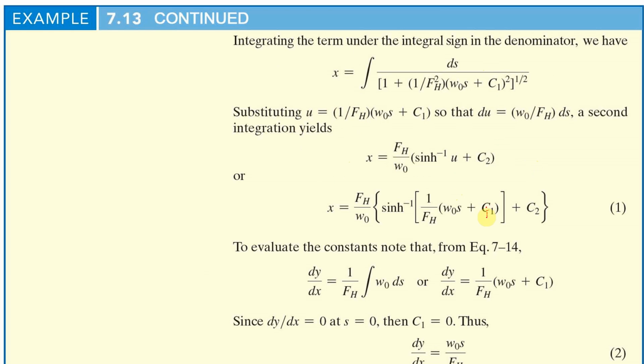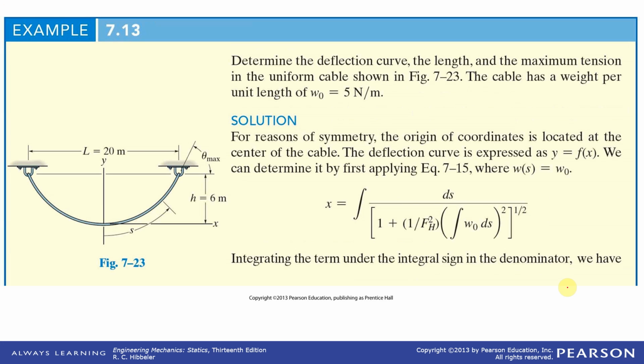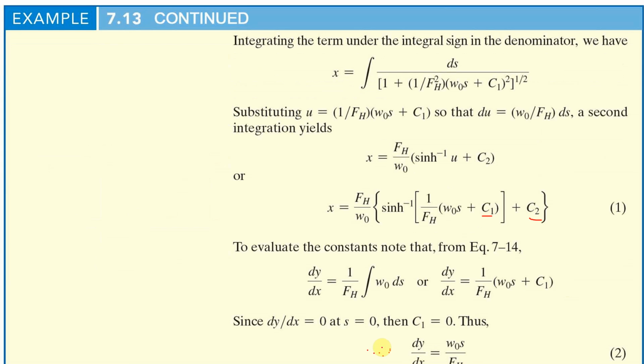Now, the trick is finding these constants right here. So dy/dx equals this, and that's from previously. We found that out. Well, at s equals 0, it tells us this right here. dy/dx equals 0 at s equals 0, which makes C1 equals 0.